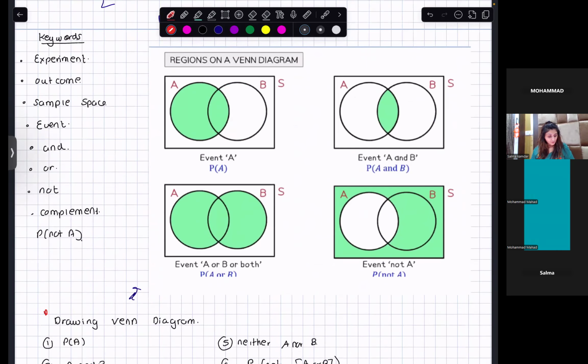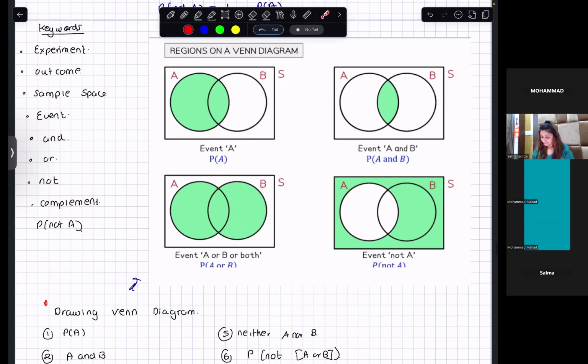How do you plot A and B? The intersection of A and B. A or B? You're going to take the union of A and B. Not A, so you would take everything except for A. Neither A nor B.